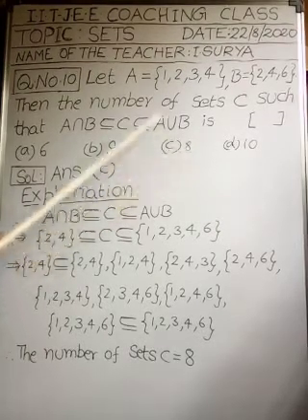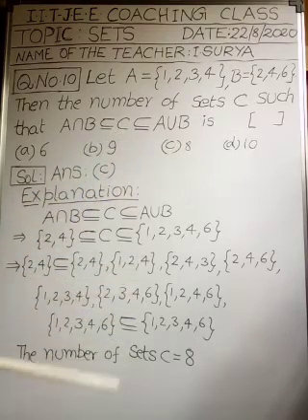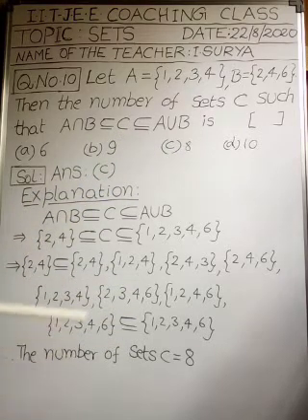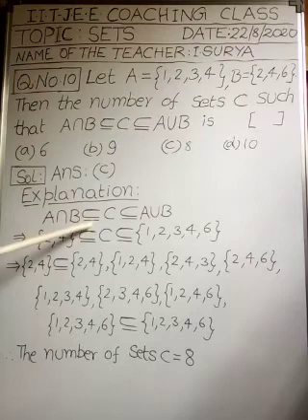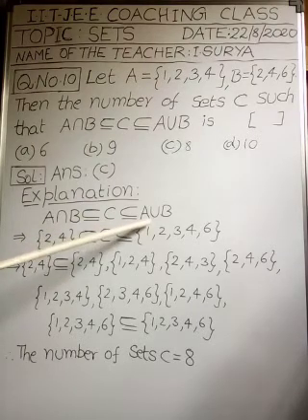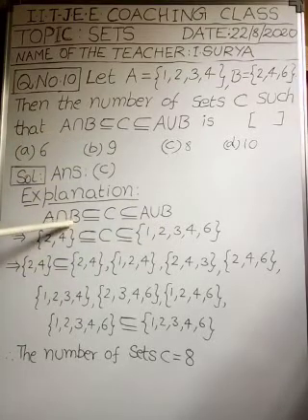That is 8. We can find 8 subsets. Such 8 subsets can be found. Let us see the explanation part. What is the given condition? A intersection B is a subset of or equal to C, which is a subset of or equal to A union B. I wrote the given condition here.